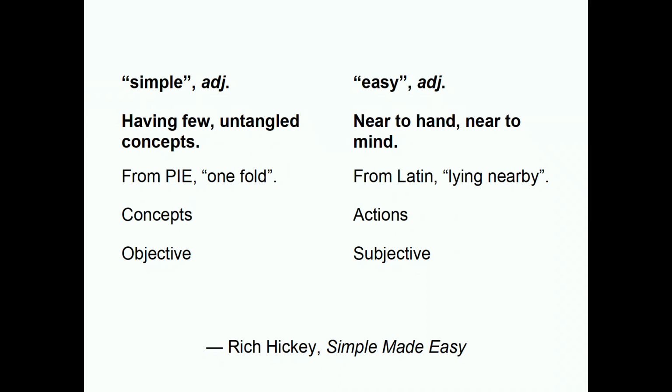And in his terminology, simple is about having few concepts, having untangled concepts kind of intrinsic to the thing, whereas easiness is about distance. It's about your relationship to the thing, either physical distance at hand or mental distance.